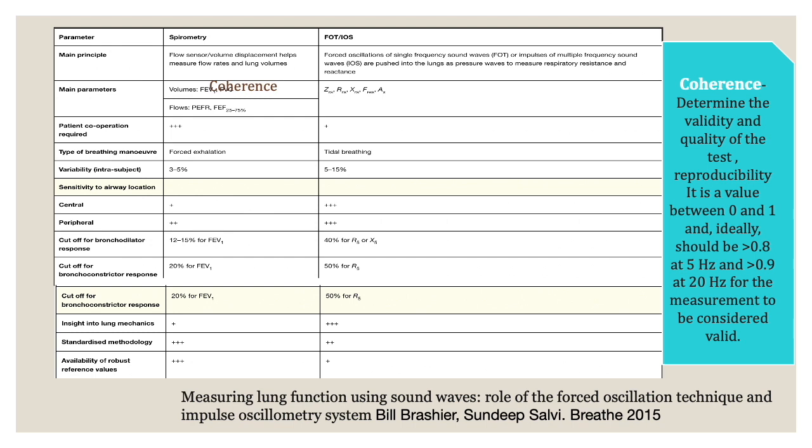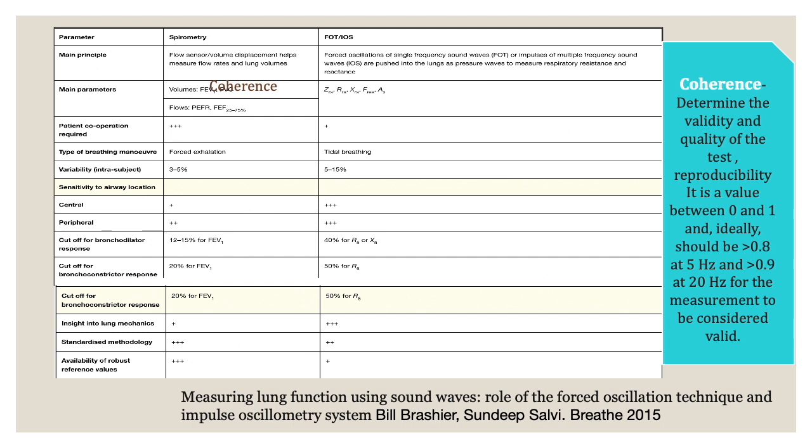Just like spirometer, expect some inter-observer variability, expect some inter-device variability, and that's where we use a term called coherence to see whether our inter-test variability is high or low, and that can be used as a good qualitative measure. The oscillometer can measure differences in the central and peripheral airway and the resistance across the airway.